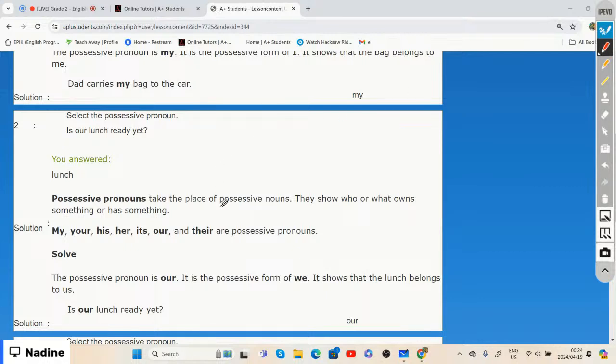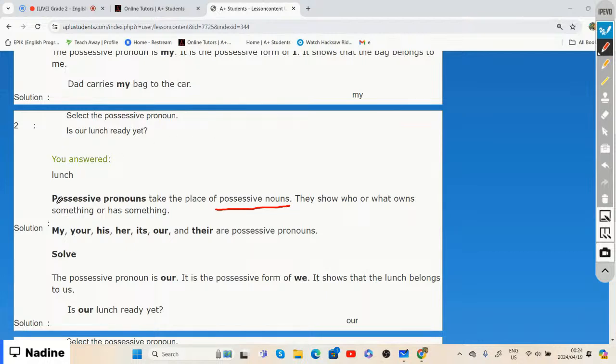A possessive noun shows who owns something or who has something. Like I said, it can be the person's name with an apostrophe S.